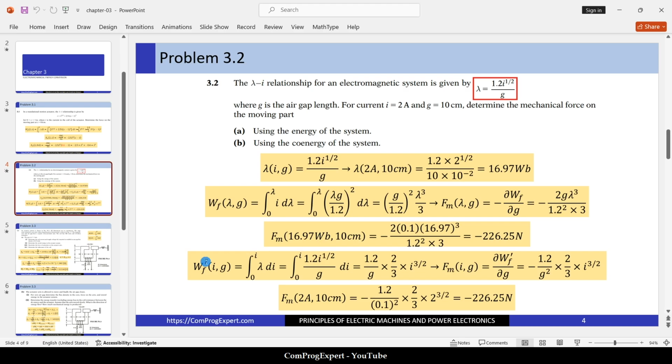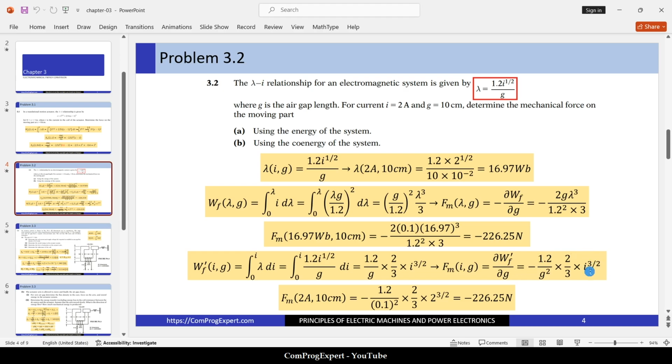What about the co-energy? The co-energy is a function of current and gap, the integral from 0 to i of lambda di. Now you should replace lambda as a function of the current. So this one we have, you can calculate the integral. This is the integral of this expression. The force is the negative partial derivative of the co-energy with respect to gap.